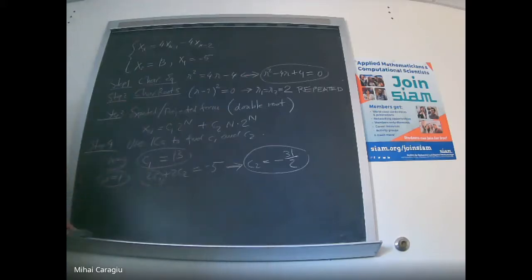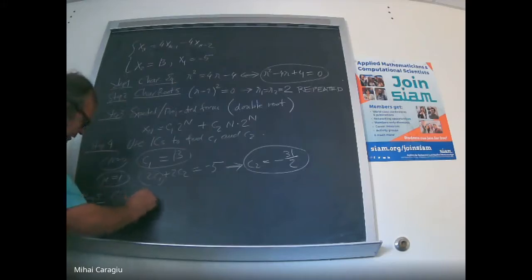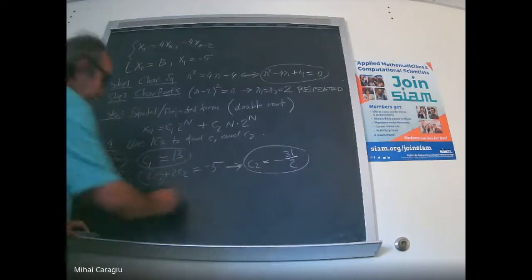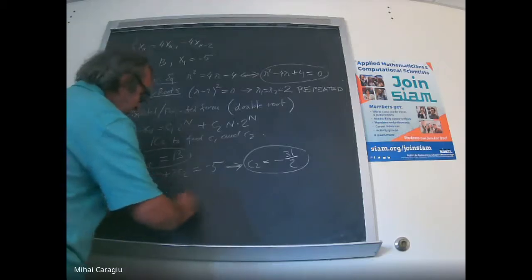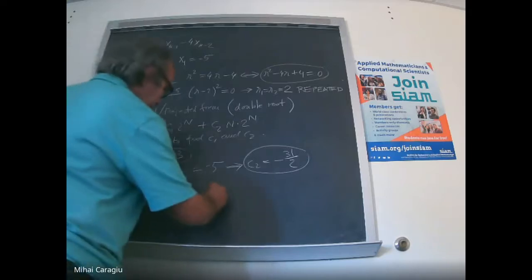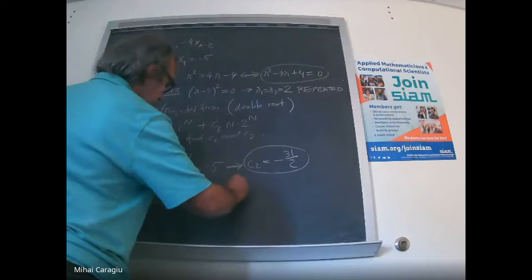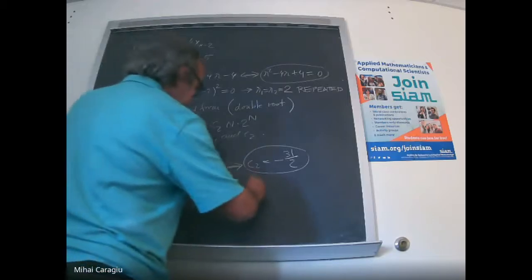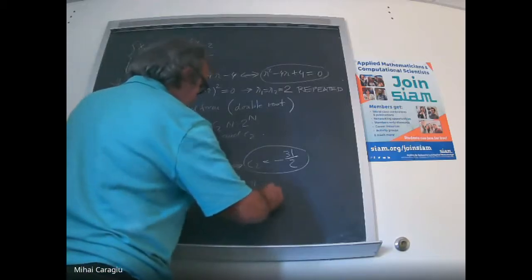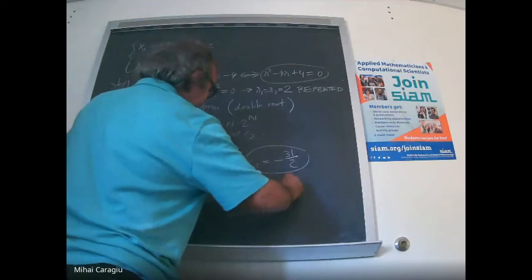Okay. Step 5. The conclusion. The explicit form for the sequence is xn equals 13, which is c1, times 2 to the power n, minus 31 over 2 times n times 2 to the power n.